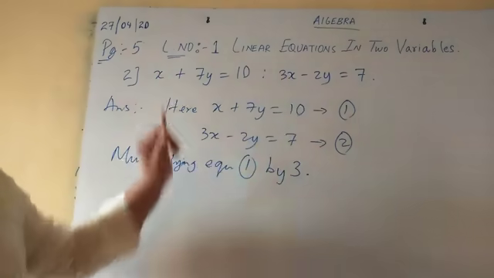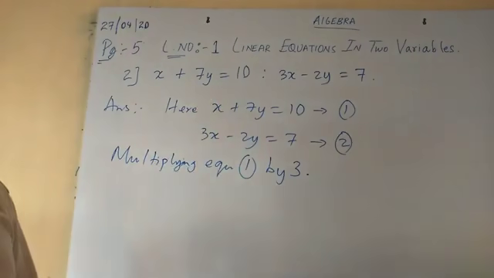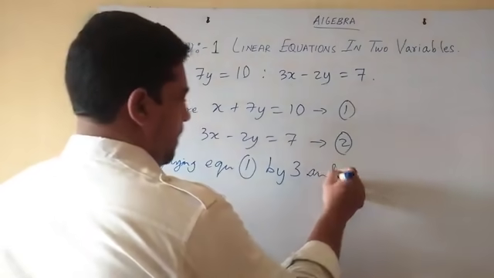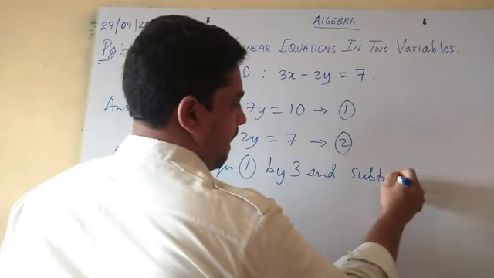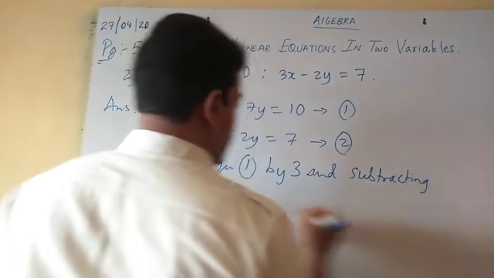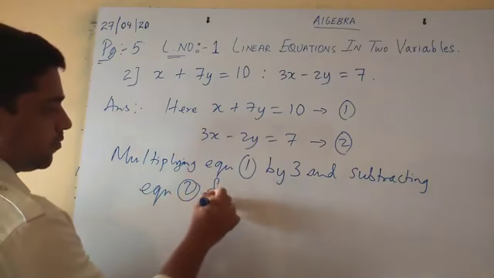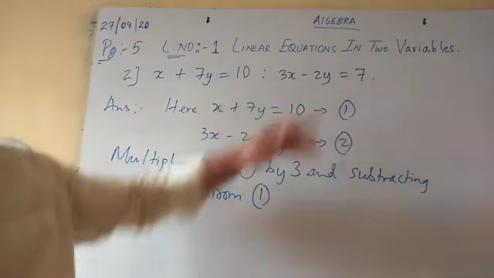Here I had to make one of the terms equal, so I'm just multiplying equation 1 by 3 and then we'll subtract, okay: multiplying equation 1 by 3 and subtracting equation 2 from 1. Again the same thing, we are subtracting 2 from 1, remember.